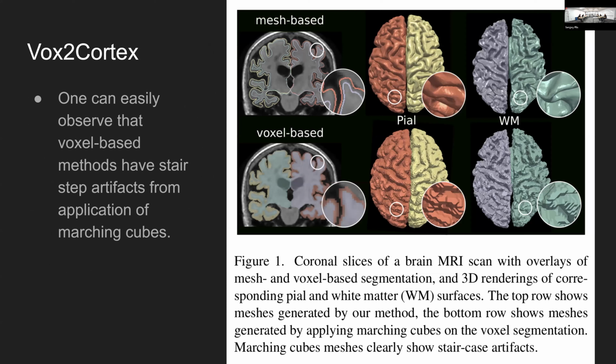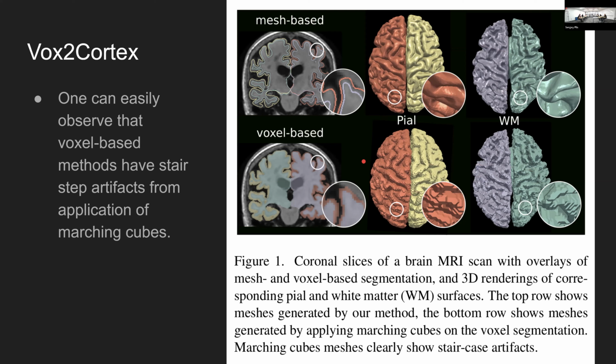So just to give you a primer on what you see in surface reconstruction. The top values are BoxtoCortex, and the bottom values involve marching cubes.